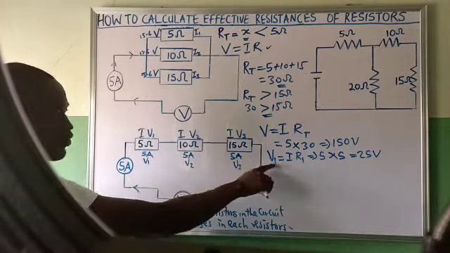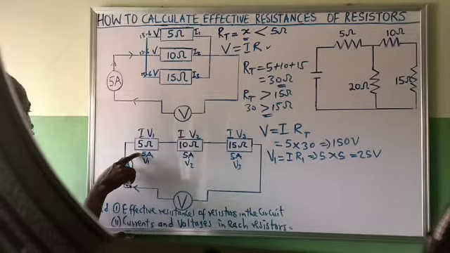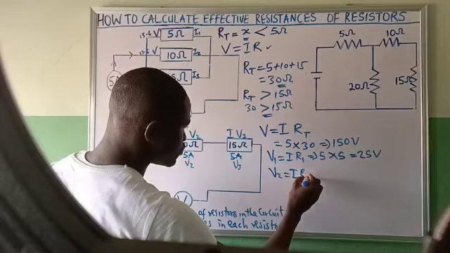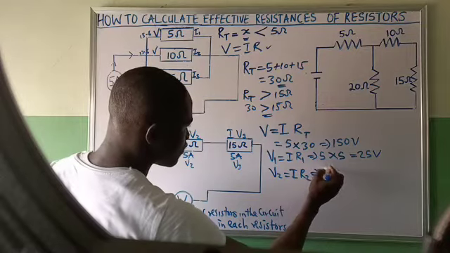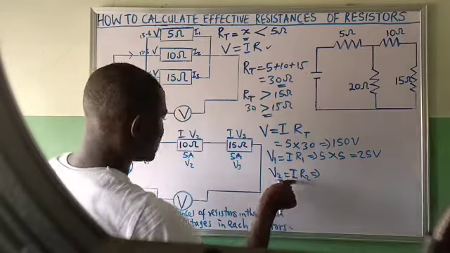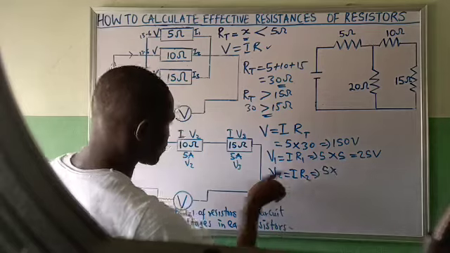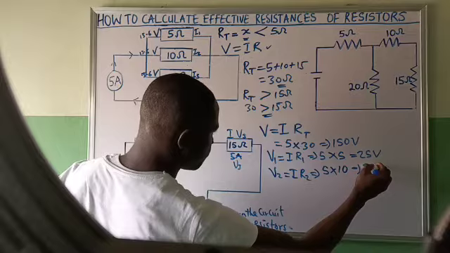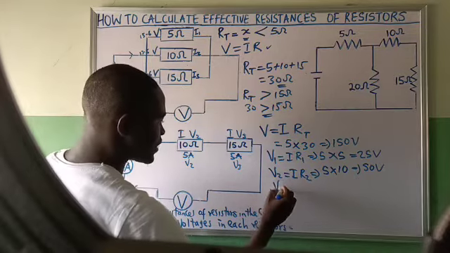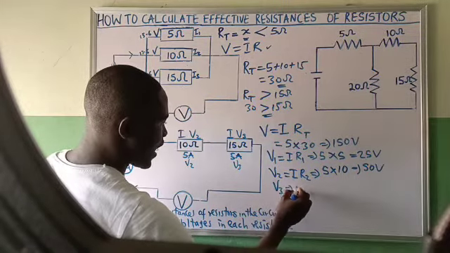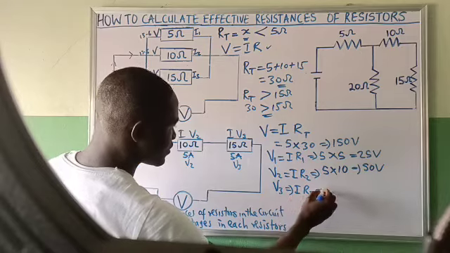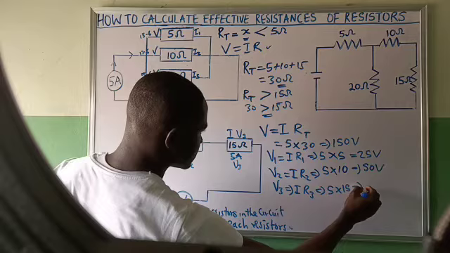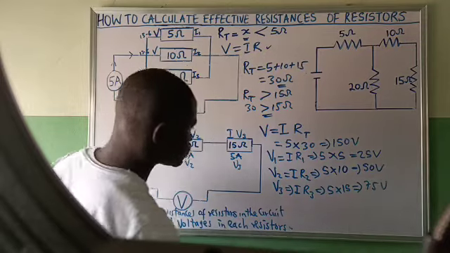That is the voltage on the first resistor. V2 equals I R2. I is 5, times R2 which is 10. That will give me 50 volts. Then V3 is I R3, 5 times 15, that is 75 volts.